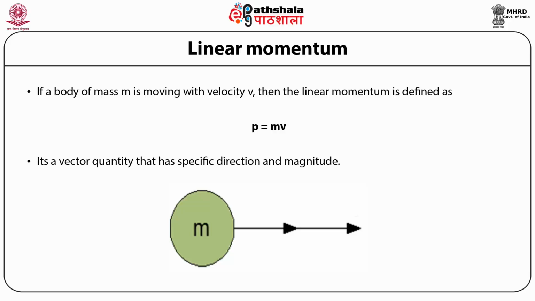Because p equals mv, in this expression v is a vector, m is a scalar quantity, so the resultant, p, also is a vector and has the same direction as v. But because the magnitude is larger than the magnitude of v, the resultant vector representing p has larger magnitude, or length in this case, than the velocity.